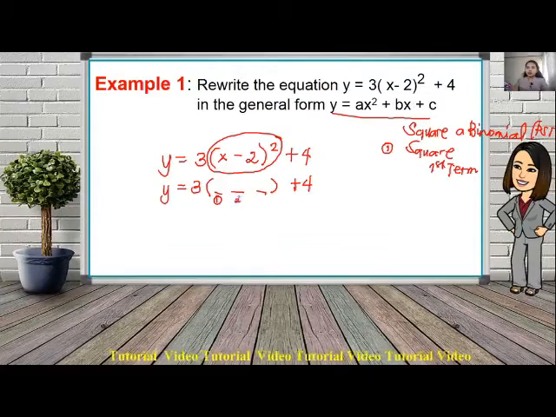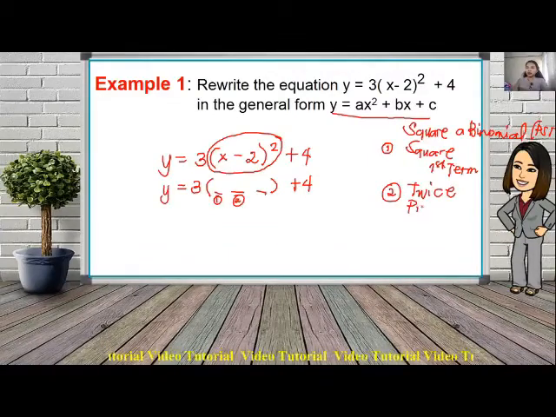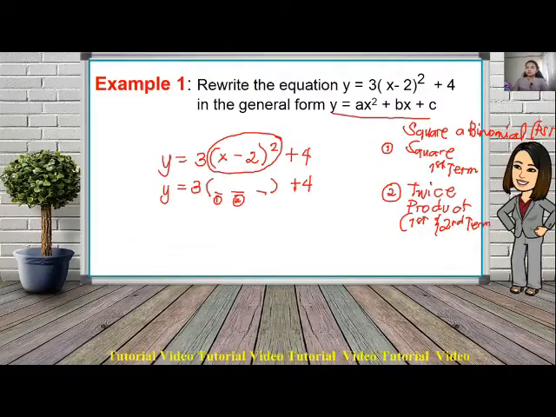And then for our second term on the trinomial, that would be twice the product of the first and second term. And then for our third term of the trinomial, that will be the square of the second term.